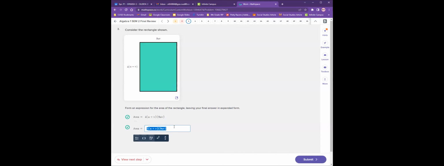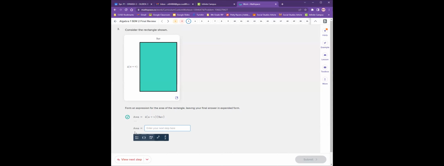Okay, then it wants us to distribute it out. I would multiply the 4 and the 9uv first, and then multiply times the u plus v. Or that way also works. So I just distributed the 4 and then it'd still be times 9uv.